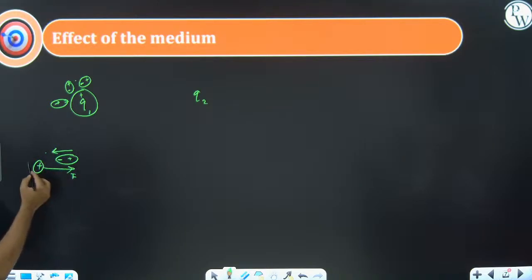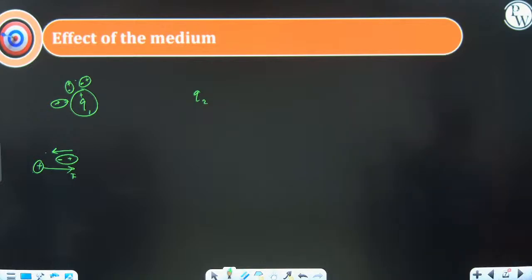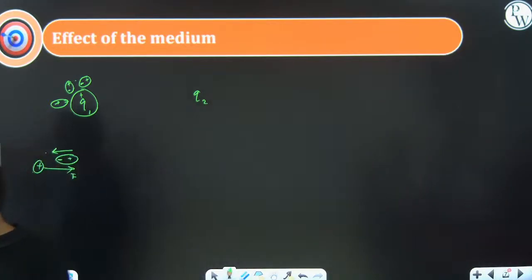So both of the effects are in opposite directions now, so the net force will be reduced. The force between two individual charges is not affected, but the net force is affected because of the presence of the medium, because the medium is also creating its own force. Why is the medium creating the force? Because the medium is polarized.